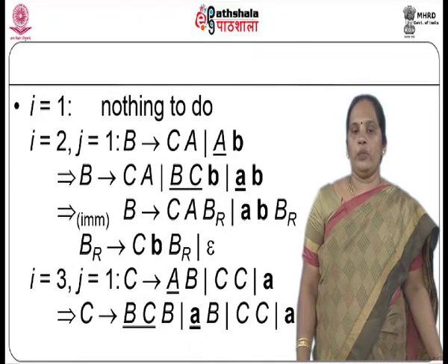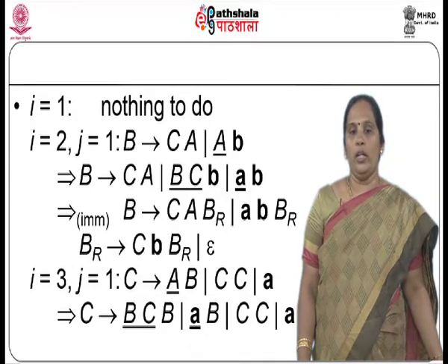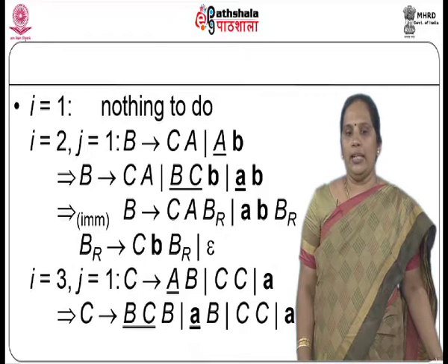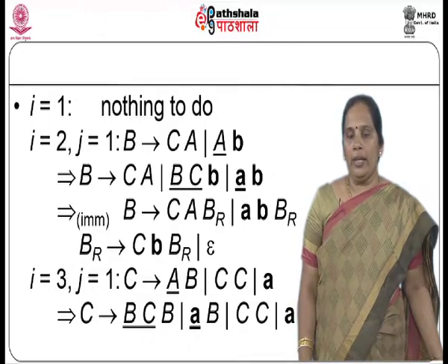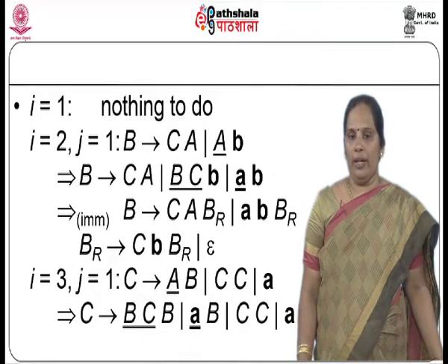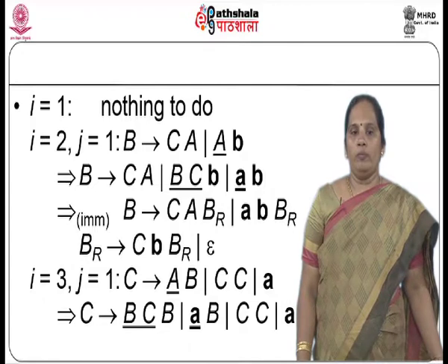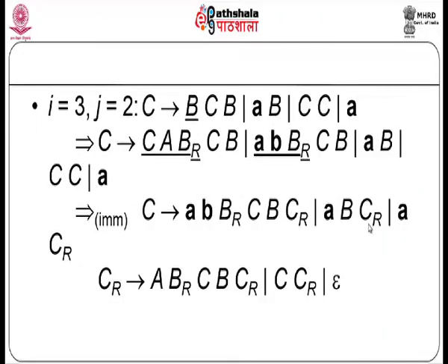Then going on to the next one, i equal to 3 and j equal to 1, C produces AB or CC. Now, substitute for A as BC as well as for A, and then I am getting here two productions, there is no immediate left recursion. Now, i equal to 3 and j equal to 2, substitute for this B with CA, and this is already existing.